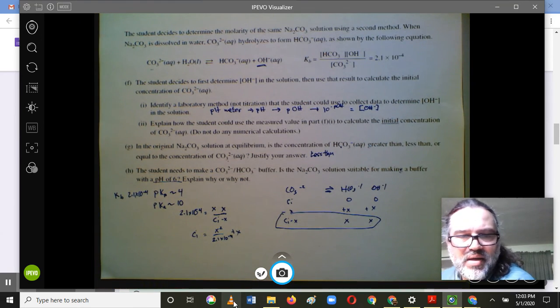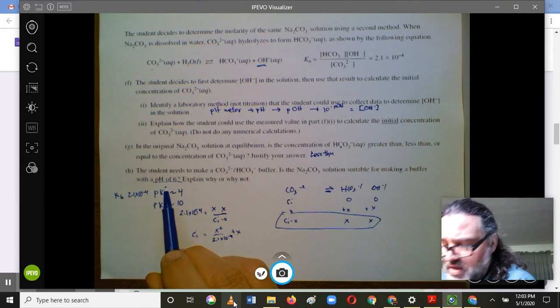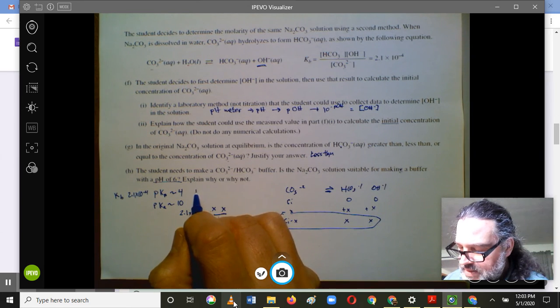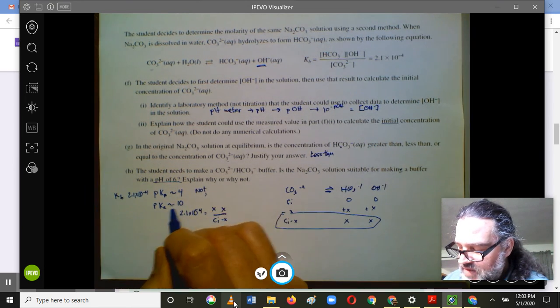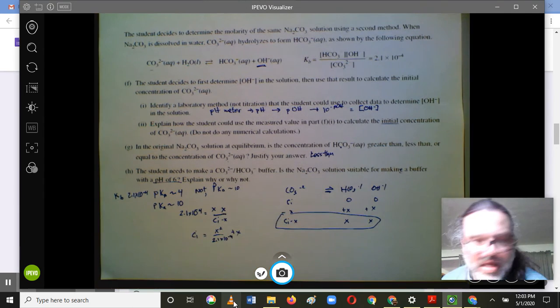If the pKa of 10 is really way off from a pH of 6, then it won't work. If you want to make a buffer, the big idea is that you want the pKa to be really close to your set point, or wherever you want the pH of the solution to be. Then you can vary concentrations to tweak it a little bit. So I would say no, it would not. And I would use the concept of the pKa being approximately 10, and of course that one being too far away.